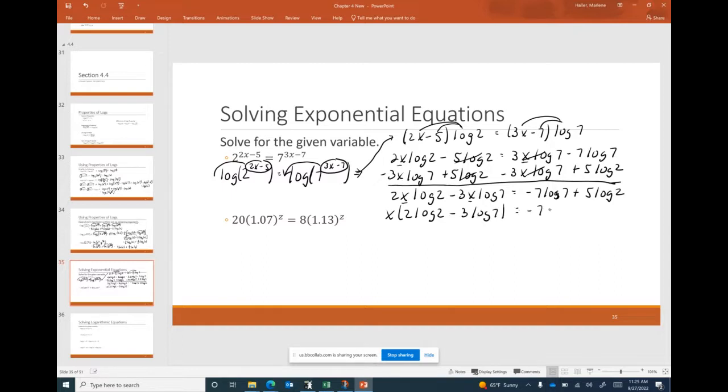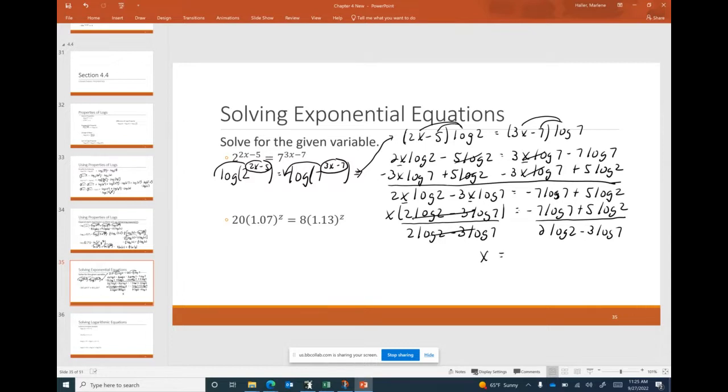Of course, it's still equal to negative 7 log 7 plus 5 log 2. All right. Then, solving for x, all I need to do is divide both sides by this 2 log 2 minus 3 log 7. And there's my value for x.